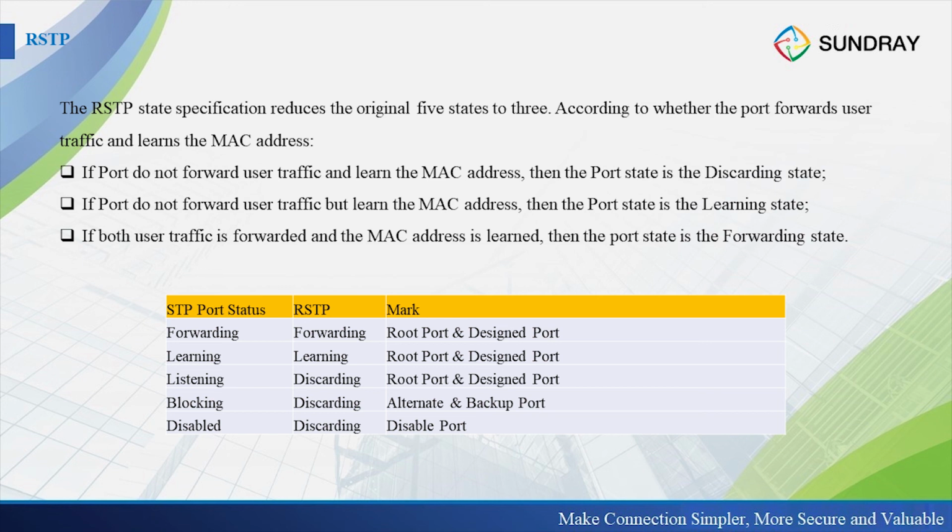It also defines two port roles. Before, it had the root port, the blocking port, and the designated port. But for RSTP, it adds the alternate port and the backup port as two new roles.